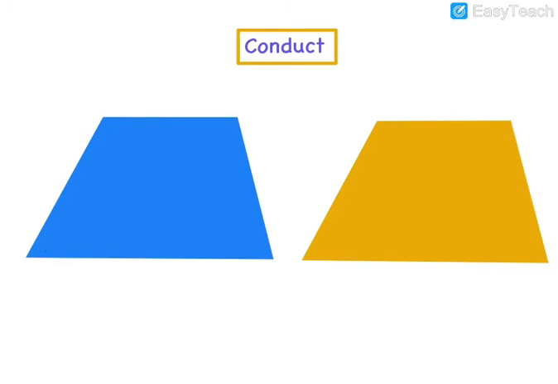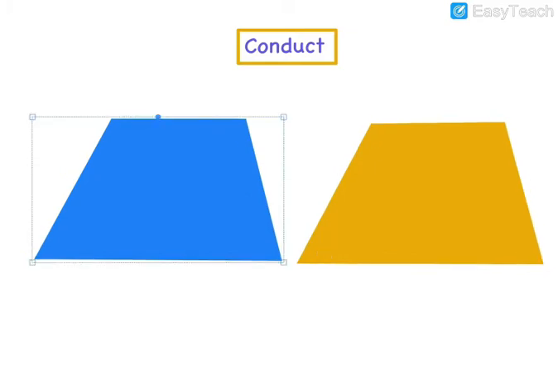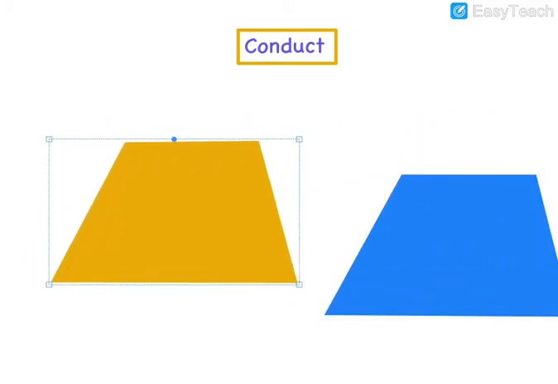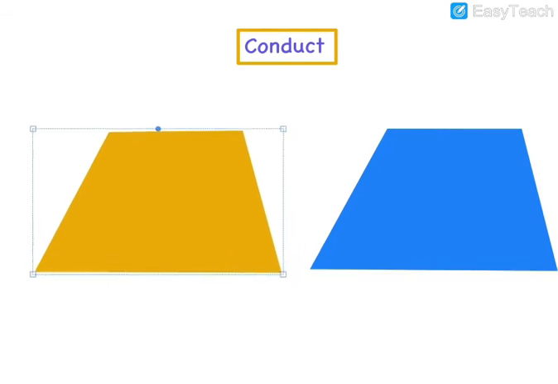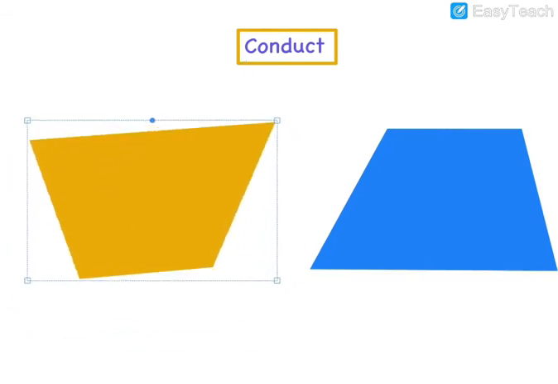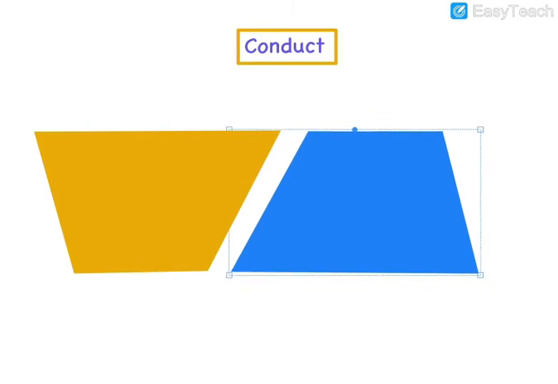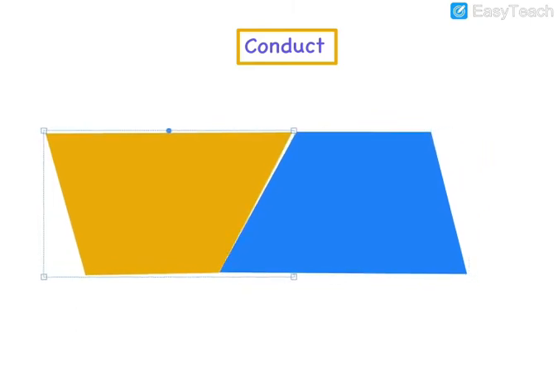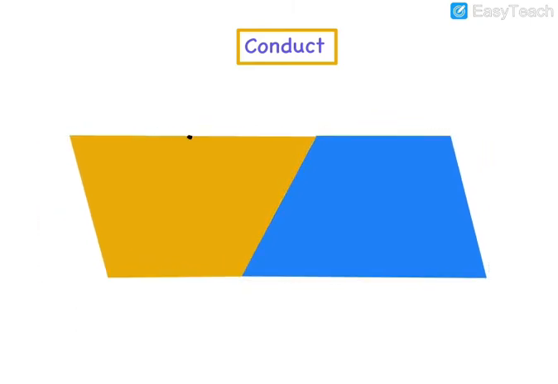But before aligning them, write down the vertices of these two trapeziums at the corners of the figure as I have shown. So what we can do is flip one trapezium and then align it with the other one so as to get a quadrilateral as shown. Now label the quadrilateral so obtained.